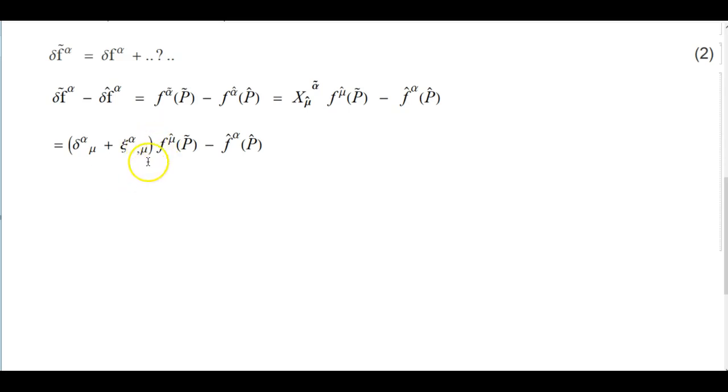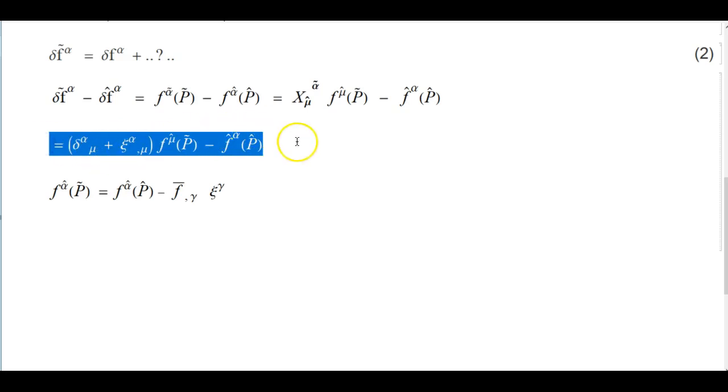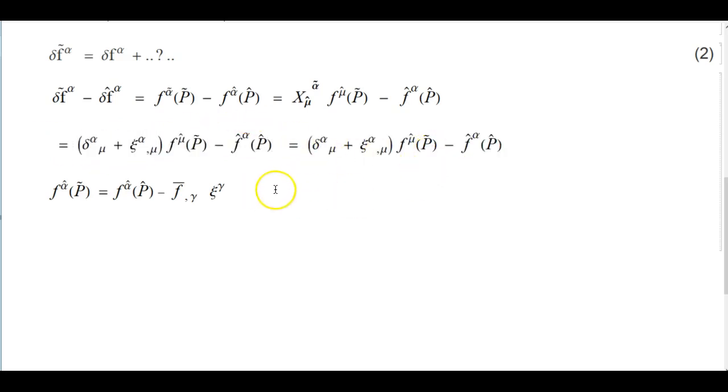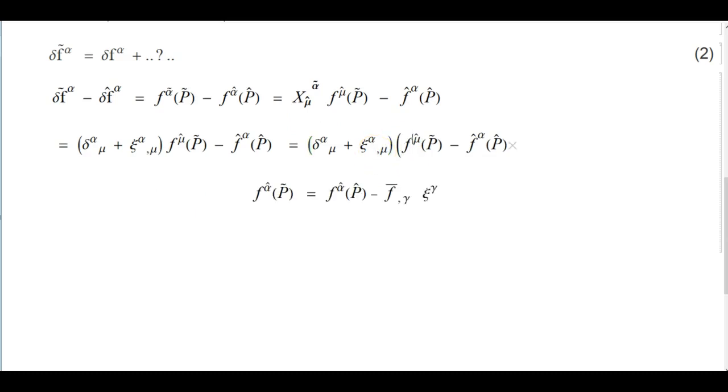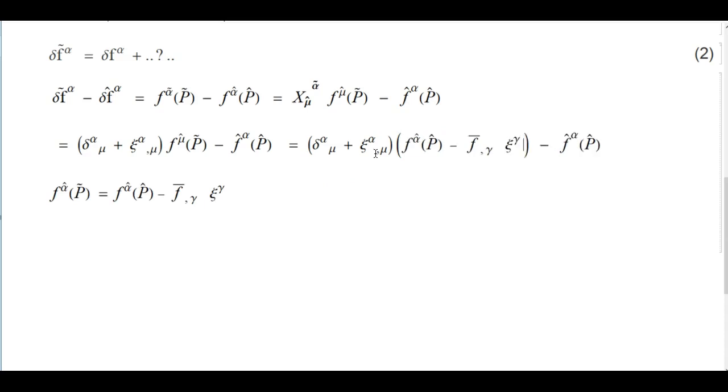Using the same strategy, f mu caret p tilde will be replaced with this thing. But we have not alpha but mu.